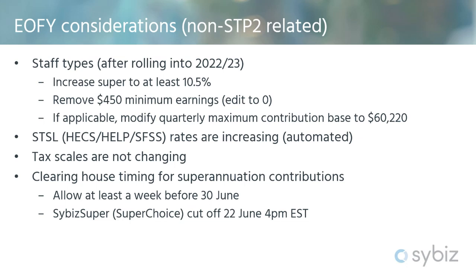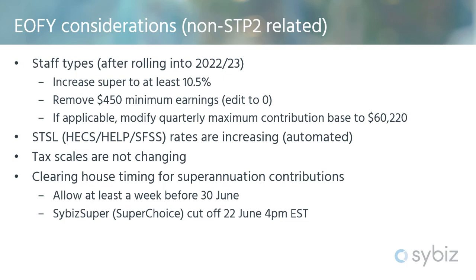So you'll need to edit that to 0. And if you are using the maximum quarterly contribution base for super, then that is also changing. So all of these things can be dealt with in each of the staff types in the same area. So just a few pointers there.